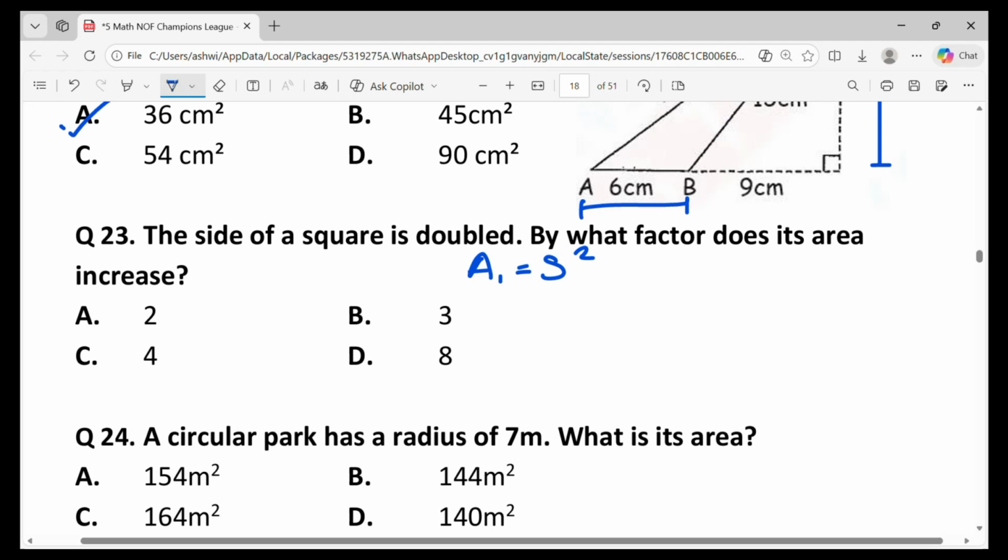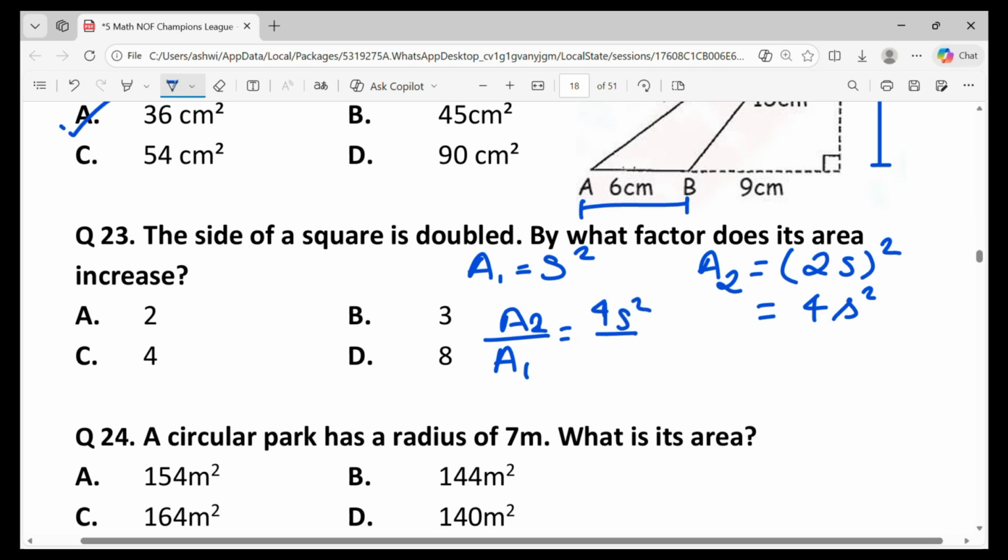The new side is double, so that is 2s, and A2 will be equal to 2s squared, that is equal to 4s square. So A2 by A1 is equal to 4s square upon s square, that is equal to 4. Answer is C, 4.